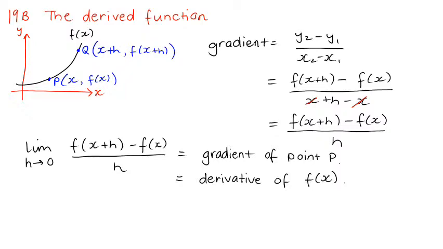Okay, so pretty much from now on, instead of doing all this jazz completely, you can just skip straight to that one there that's just over h, because we know that those x's are always going to cancel out. And doing it this way is called differentiation by first principles.